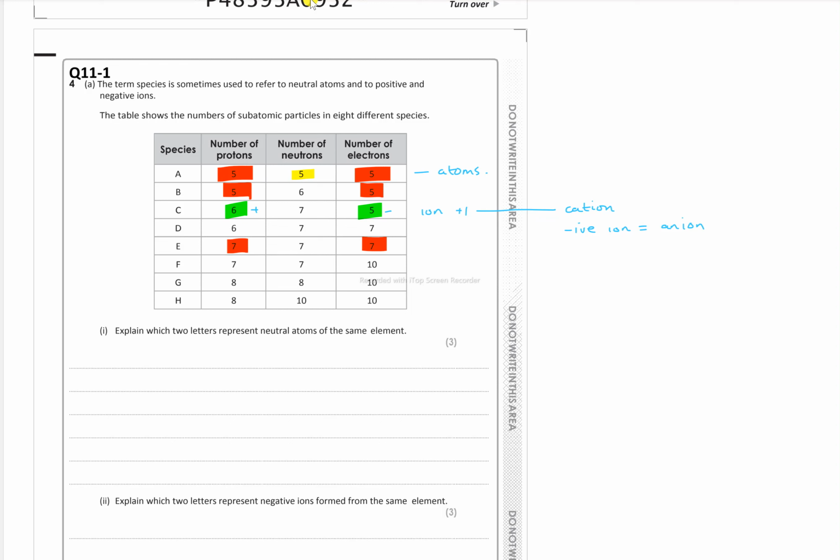Right, explain which two letters represent neutral atoms. So what we need to do is write.